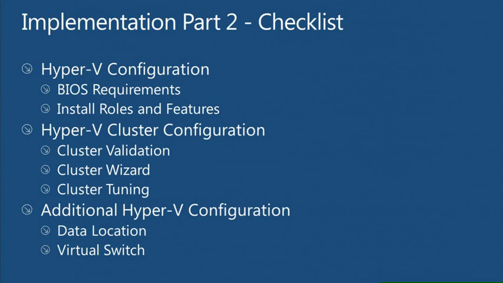Then I would do some cluster tuning by going into the Hyper-V configuration and setting the data location for the share that I'd create on the storage cluster. And then I would configure the virtual switch. The virtual switch on the compute cluster has to have the same name on each node and has to be configured in the same way, or else it won't work, because the VMs have to be able to recognize the same name as they move from node to node in the compute cluster.